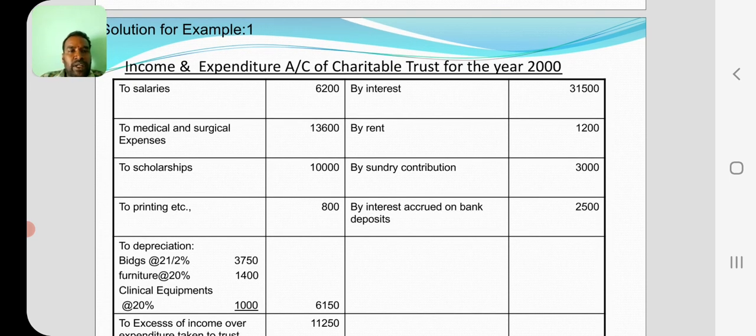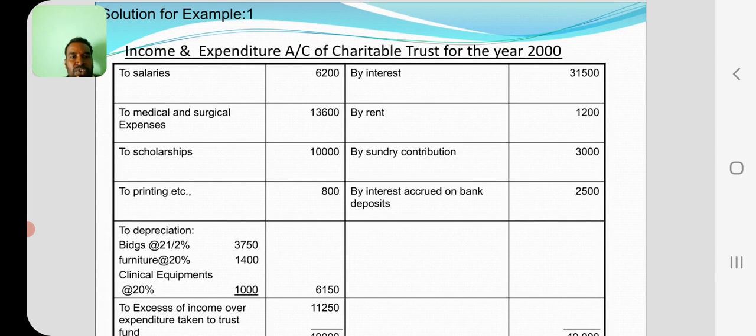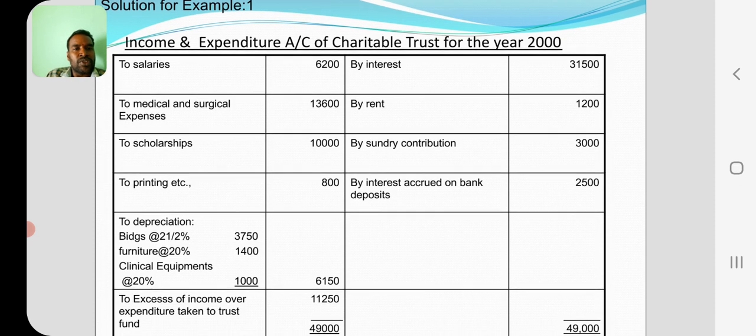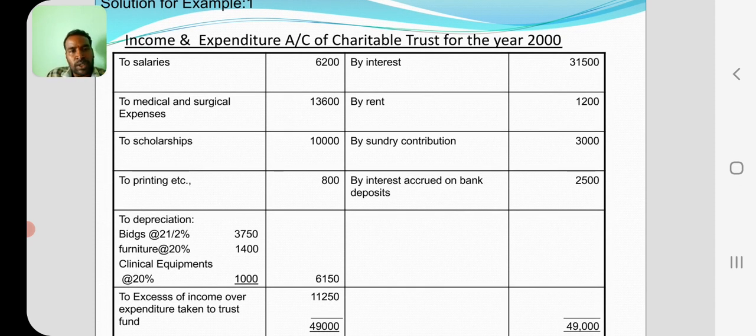So see here, the income and expenditure account of the charitable trust for the year 2000. Already we know that only revenue items should be posted in the income and expenditure account, only for the current year. The first column is expenditure, the debit side; the second column is the credit side. To salaries: as it is a revenue expenditure, it is posted on the debit side, 6,200.